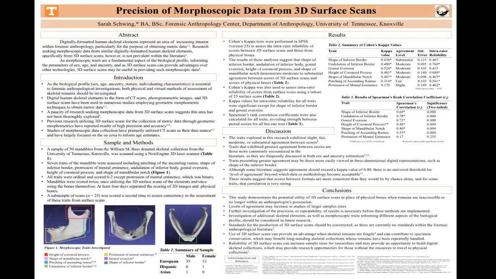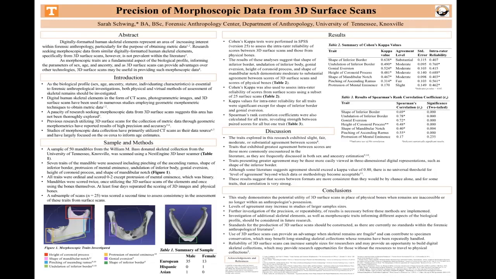So they're a little bit more user-friendly. Surface scanners, particularly the NextEngine 3D laser scanner that I used for this research, are also cheaper than CT scanners. And for forensic anthropologists that are working outside of medical examiners' offices and that don't have easy access to this medical imaging equipment, this is a great option because the scanner is affordable and is a desktop scanner, so it doesn't require a lot of floor space.